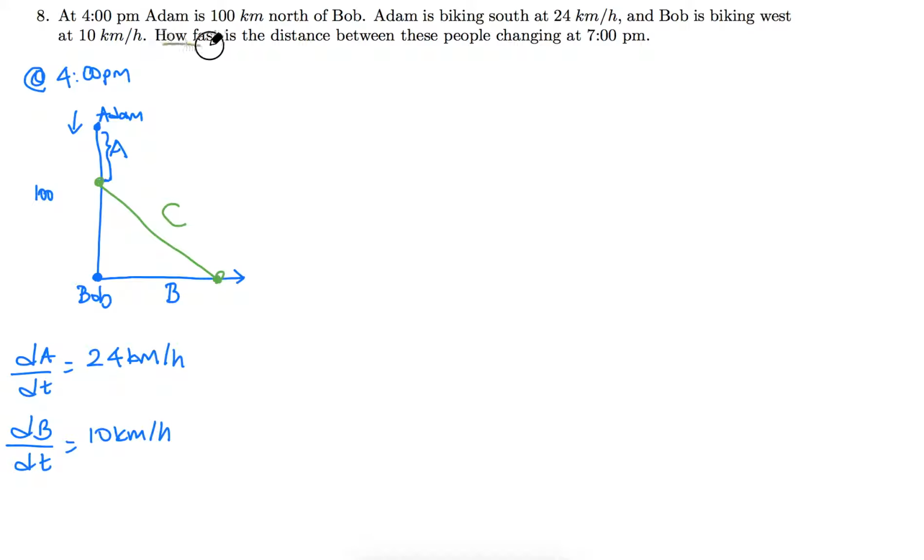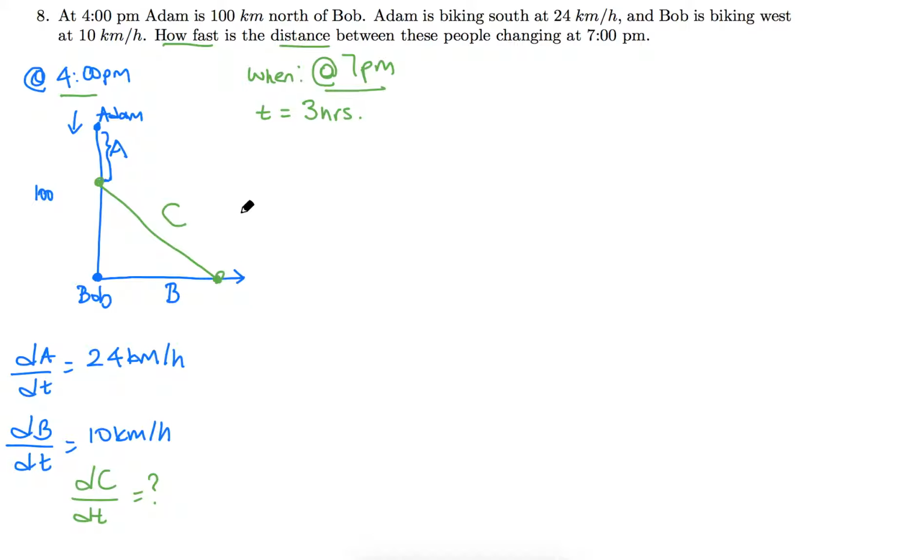So we're looking for how fast the distance between these two people is changing. So we're looking for dc over dt. And when are we looking at this, by the way? We're looking at this at 7 p.m. So we started at 4 p.m. We're looking for the rate of change at 7 p.m. The time passed is 3 hours.